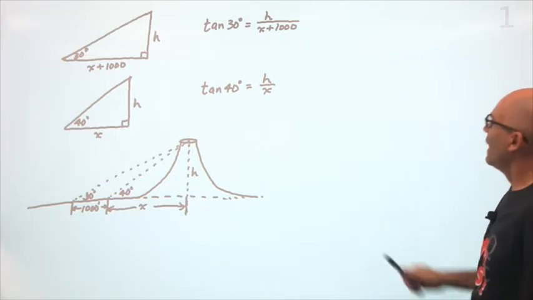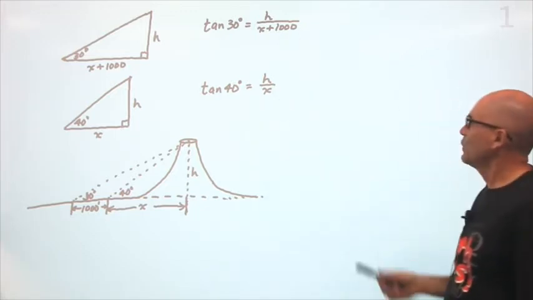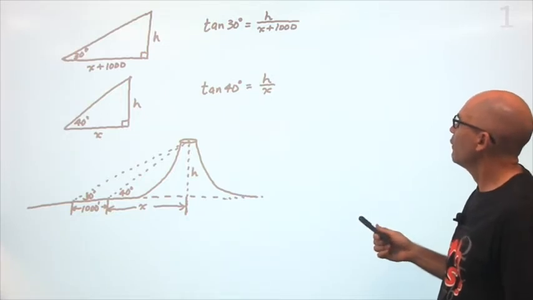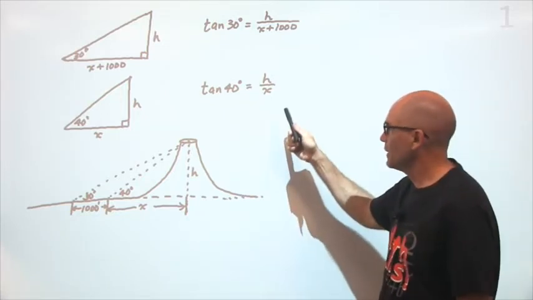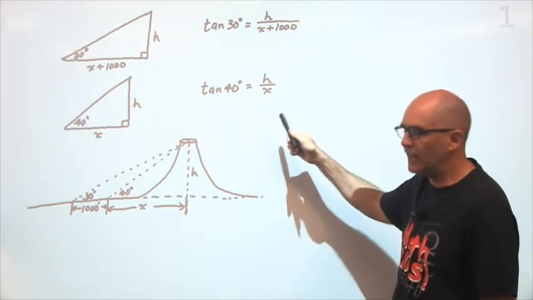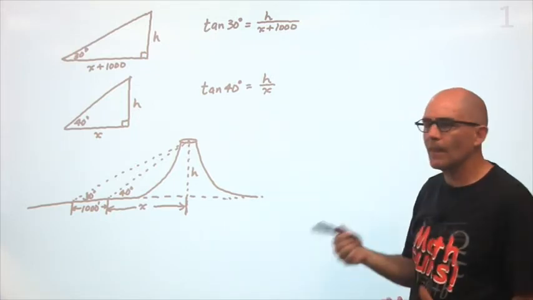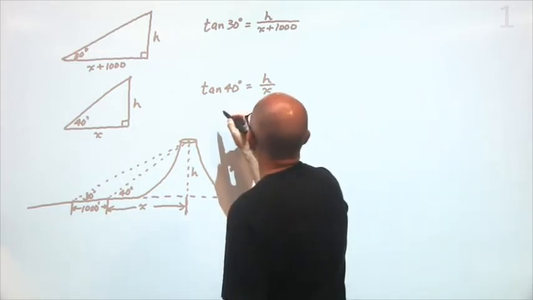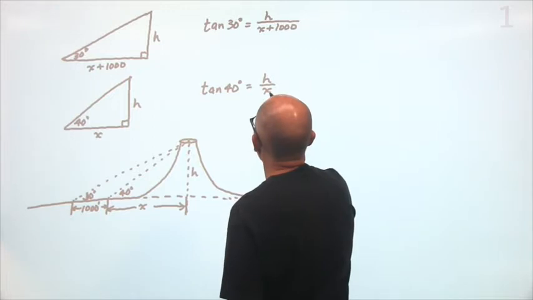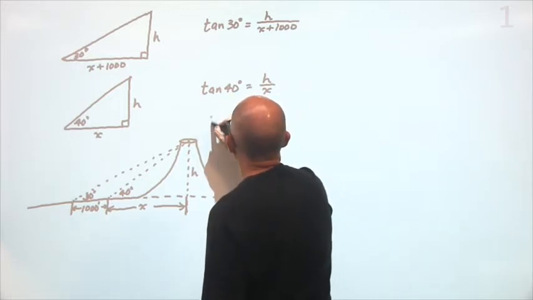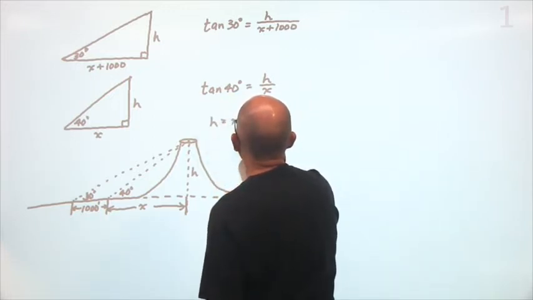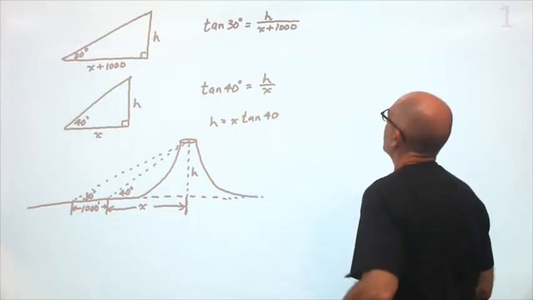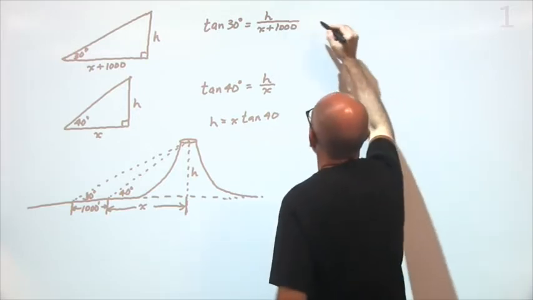So we have two equations with two variables. So what I'm going to do is I'm going to solve for one of the variables in one of the equations and then plug it into the other equation. Okay, so this one seems to be the simplest. If I just multiply both sides by x, then I have h equals x tangent 40. Okay, so what I'm going to do then is plug that in here.